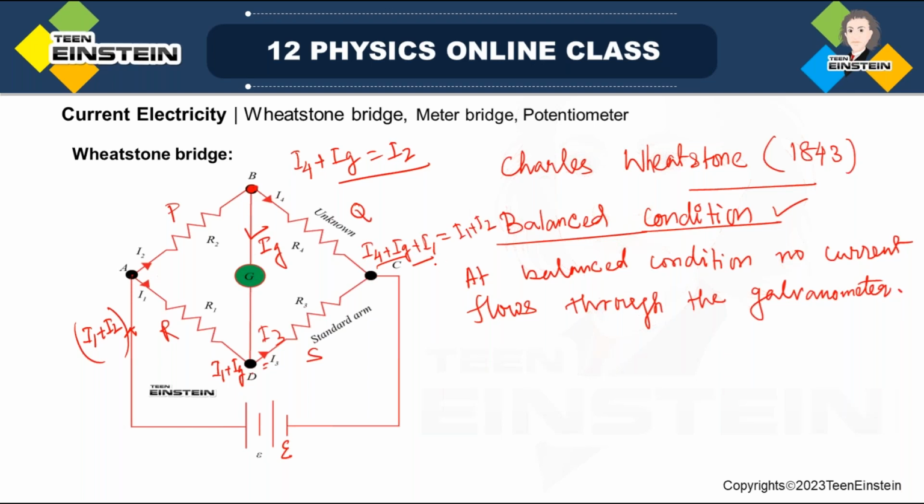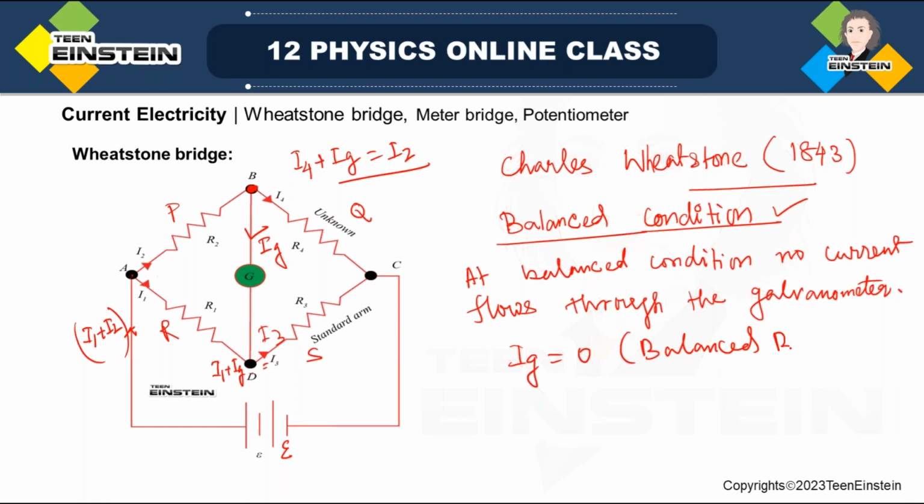So what I tried to say is that when the bridge is not balanced, there will be current flowing in each branch, and in fact current will flow through the galvanometer also. At balanced condition, no current flows through the galvanometer. That means Ig is equal to 0 at balanced condition. This is the condition for a balanced bridge.